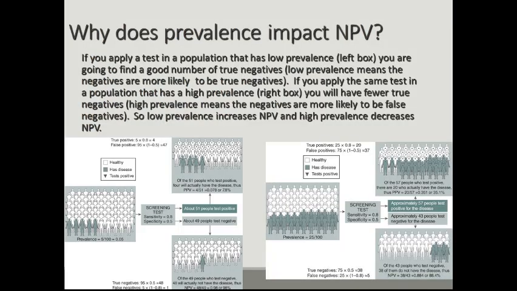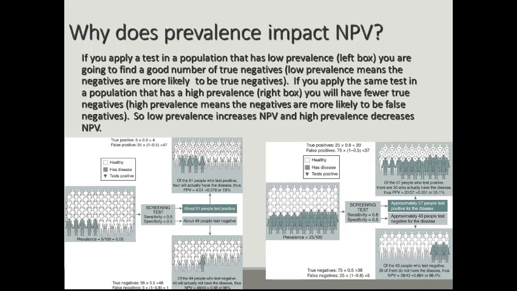So how does prevalence impact negative predictive value? Well, it's going to be the reverse of what we saw earlier. If you apply a test in a population that has low prevalence, such as our left box, remember the blue people are the people that have the disease, you're going to find a good number of true negatives. Low prevalence means the negatives are more likely to be true negatives.